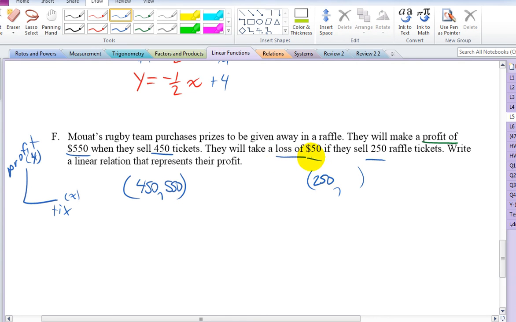How do we represent a loss of 50? And that's a key little trick. Okay, so you have 2 points. Find your slope. Go.